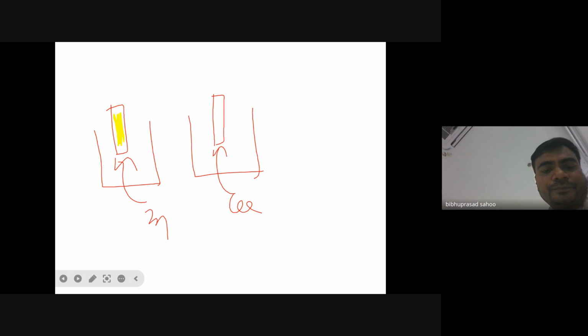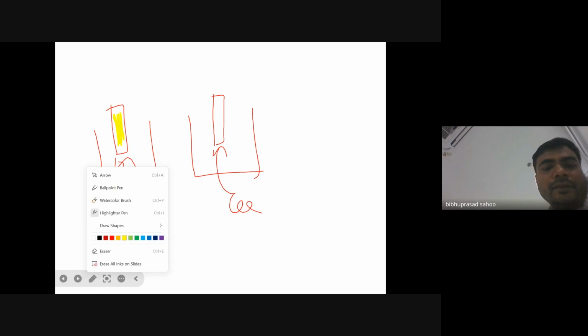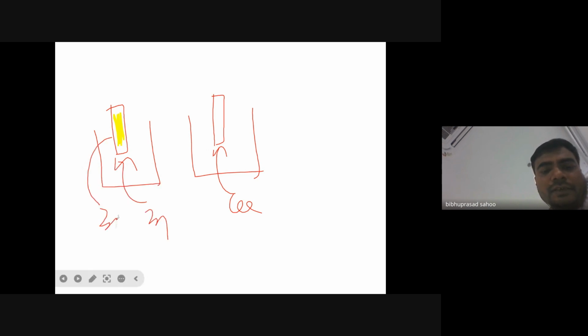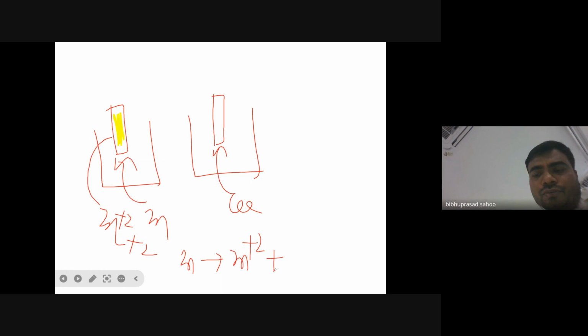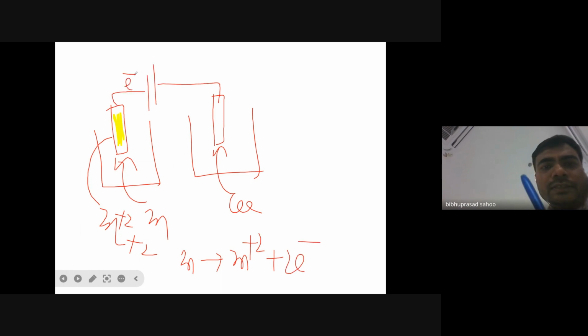So this zinc becomes Zn 2 plus and 2 electrons. What reaction is going on here? Zn gives Zn 2 plus and 2 electrons, and these 2 electrons move through this and reach here, and in this solution copper 2 plus and sulfate 2 minus are both there.